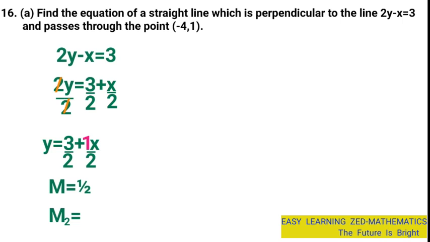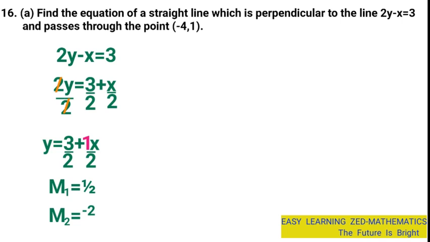That is gradient number 2, and the one I found earlier is gradient number 1. Gradient number 1 is for the first equation in the question, and gradient number 2 is the gradient for the equation we want to make. So the gradient will be negative 2 over 1.